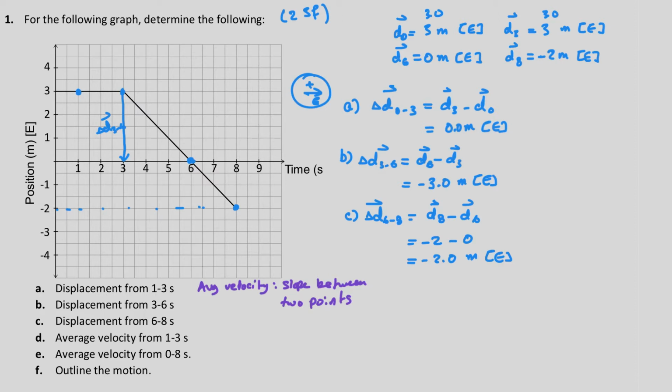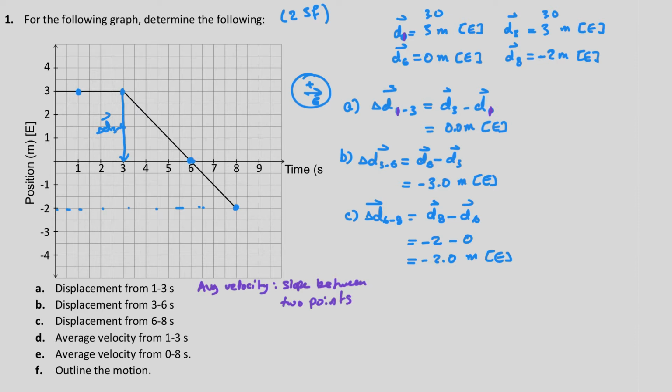In this particular case, I did make a mistake here. This is position 1 and this is position 1. It turns out to be the same because position at 0 seconds and position at time 1 is exactly the same. So that doesn't really change anything in terms of the final values, but I do have to change those.